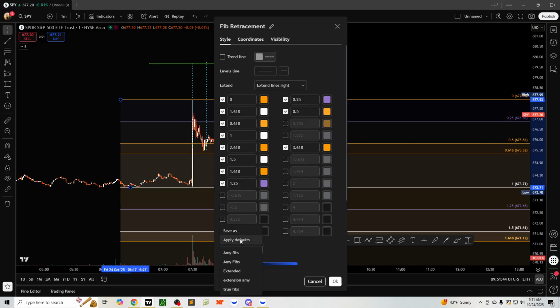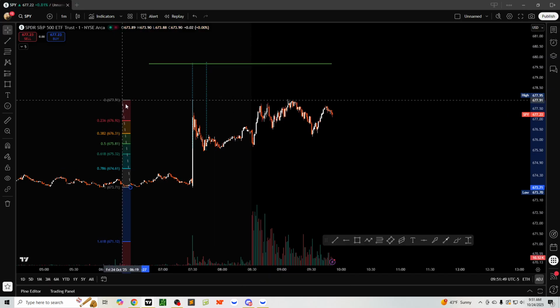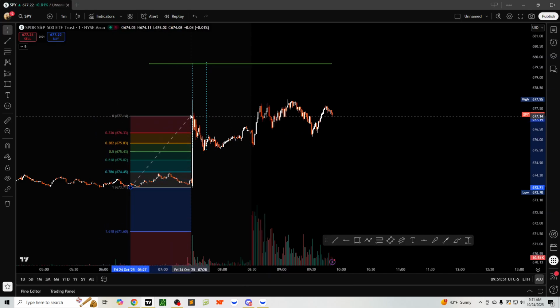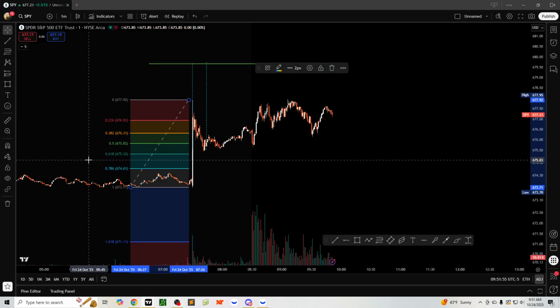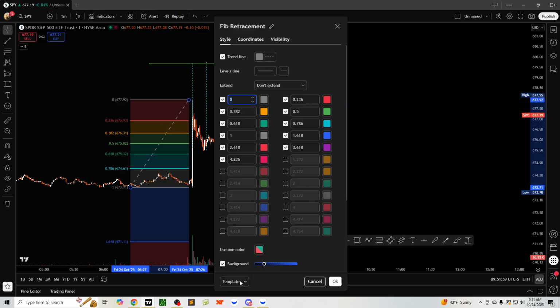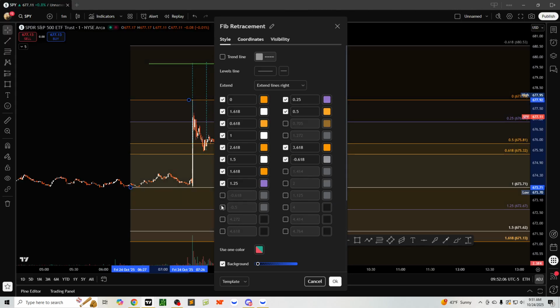Where's default? Trying to figure out one that has them. I don't want to have to type them all out. I guess I'll type them all out. Let me go to the extended one. All right, and let me check the negative 618, the negative 0.5. I need a negative 0.25 and a negative 1.